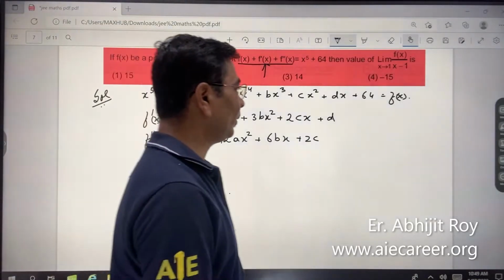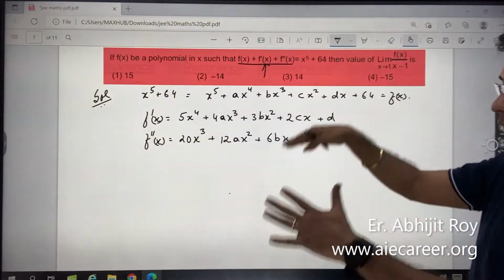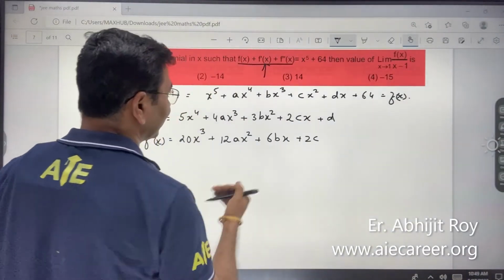अब हम इन तीनों एक्सप्रेशन को, f of x, f का सिंगल डेरिवेटिव, f का डबल डेरिवेटिव, इन तीनों को एक साथ डालेंगे and we'll compare the coefficients.